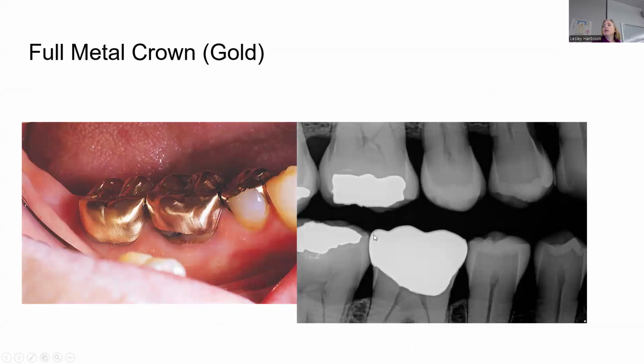A gold crown is going to have very, very smooth edges. So sometimes students ask, how can I tell the difference between a large amalgam filling and a gold crown? A gold crown is going to be just solid metal wrapping around the prepped tooth, and it's preformed. The dentist doesn't carve it.